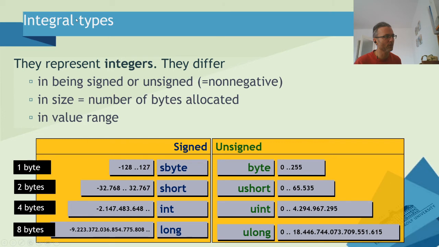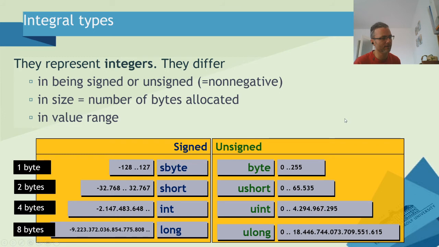But my question is, why does Java have 4 integral types and C# has 8? What is the difference here? Something is missing from Java. Yes, more precisely, unsigned types.